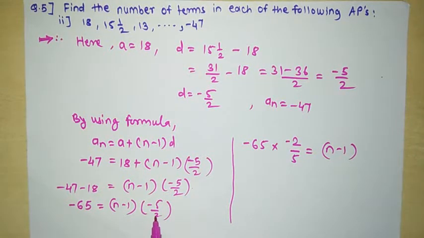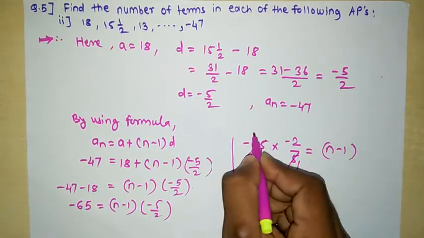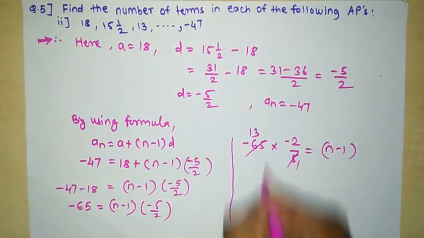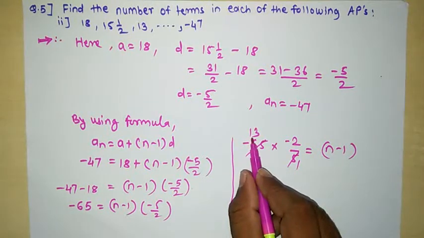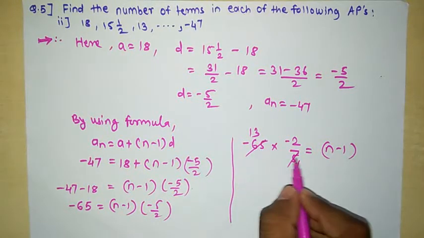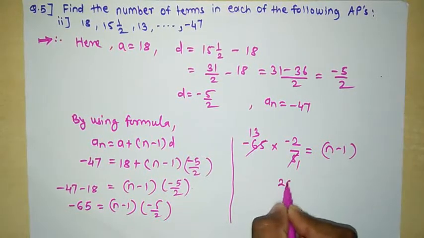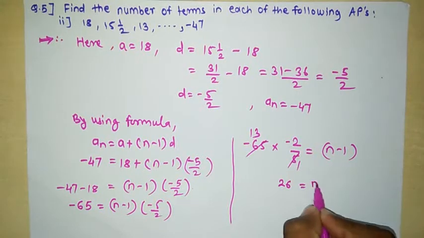Left hand side में लेके जाने के बाद क्या होगा इसका? It will go to the denominator. अगर denominator में लेके जाओगे then it will become a reciprocal. उसका reciprocal हो जाएगा. 5 1s are 5, 5 3s are 15, 1 will remain. Now 13 into 2, which will become 26. Minus minus, it will become plus. Plus 26. N minus 1.